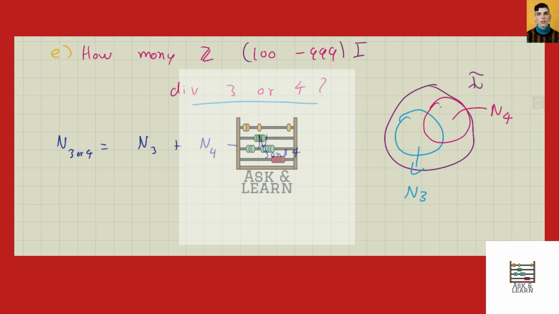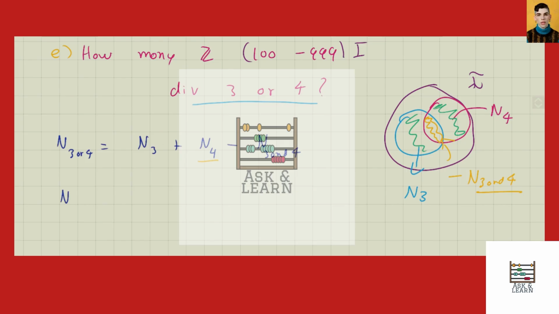If you sum these two sets, you have this part, and the intersection here is counted twice. Because you're counting this part twice, you need to subtract the intersection, that is, those numbers that are divisible by 3 and 4.